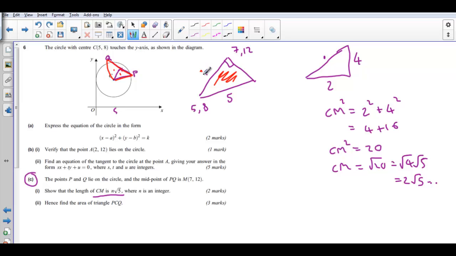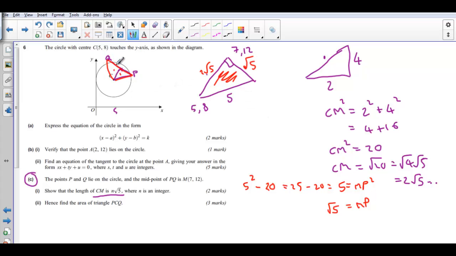We've got one of them now, and we also know the other one. So we can do Pythagoras on this again to get that last missing side. So 5 squared, take away 20, because it was 2 root 5 or root 20, and when we square it, we've got 20. So that gives us 25 take away 20, which equals 5. And that, of course, was that midpoint M to P squared. So M to P just on its own is root 5.